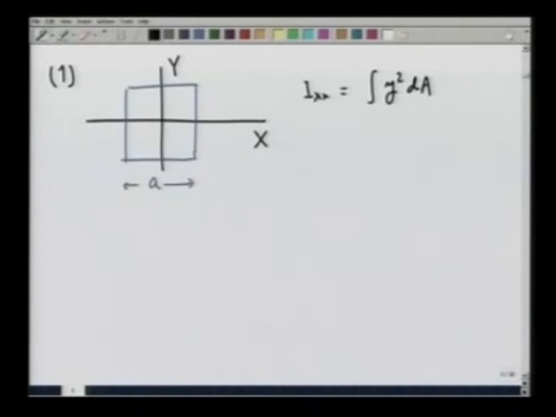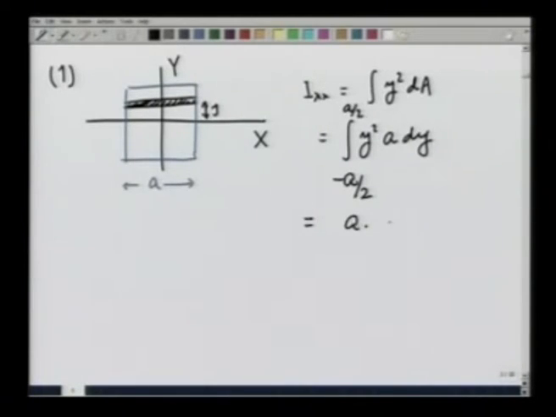To calculate dA, I choose a strip at height y, because for this entire strip the moment of the area is going to be the same. So this becomes integral y square a dy, and y changes from minus a by 2 to a by 2, and therefore Ixx is going to be a times 1/3 y cubed from minus a by 2 to a by 2, or this comes out to be a raised to 4 over 12.